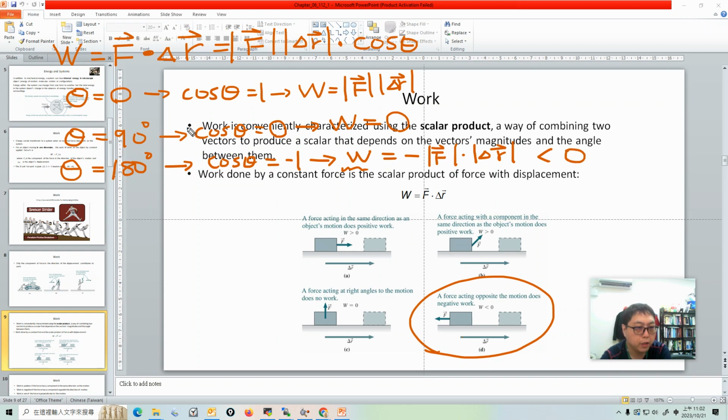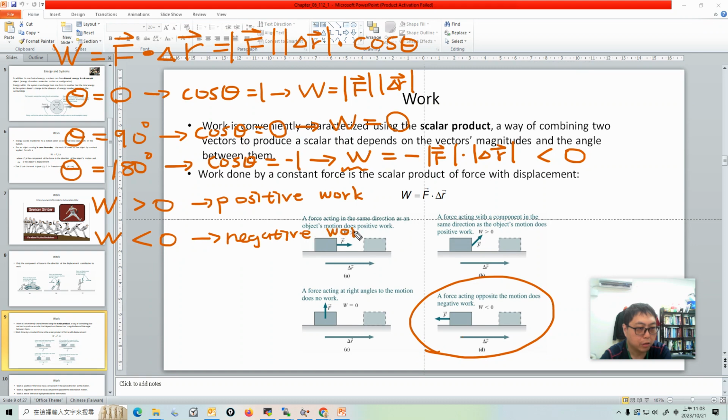So work can be greater than 0 or smaller than 0. Work can be positive or negative. If work is positive, you are doing positive work. If your work is less than 0, that means it's negative work.